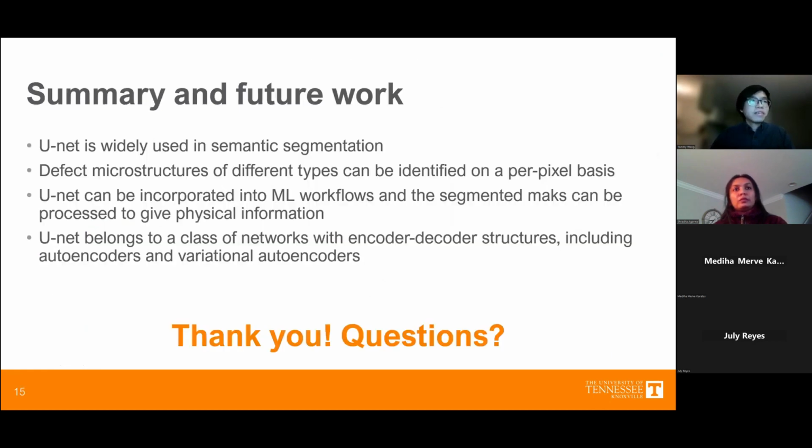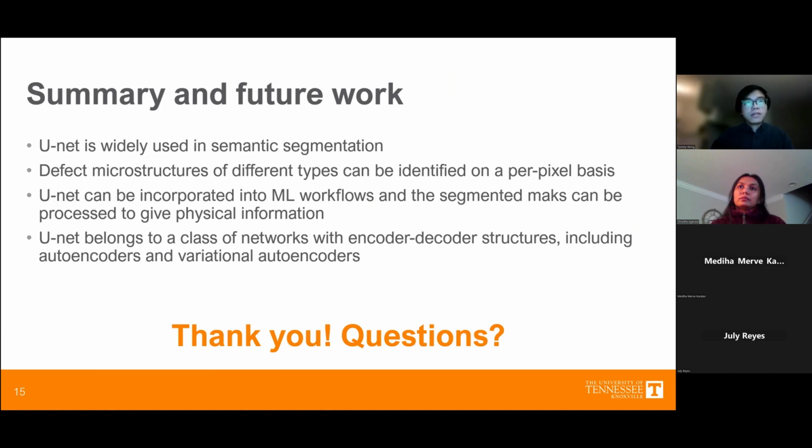So in summary, the UNet is widely used in semantic segmentation, and defect microstructures of different types could be identified on a per pixel basis. The UNet could also be incorporated into machine learning workflows to identify these labels, after which these labels could be analyzed using a host of computer vision tools to measure the size and gain other physical information out of it.